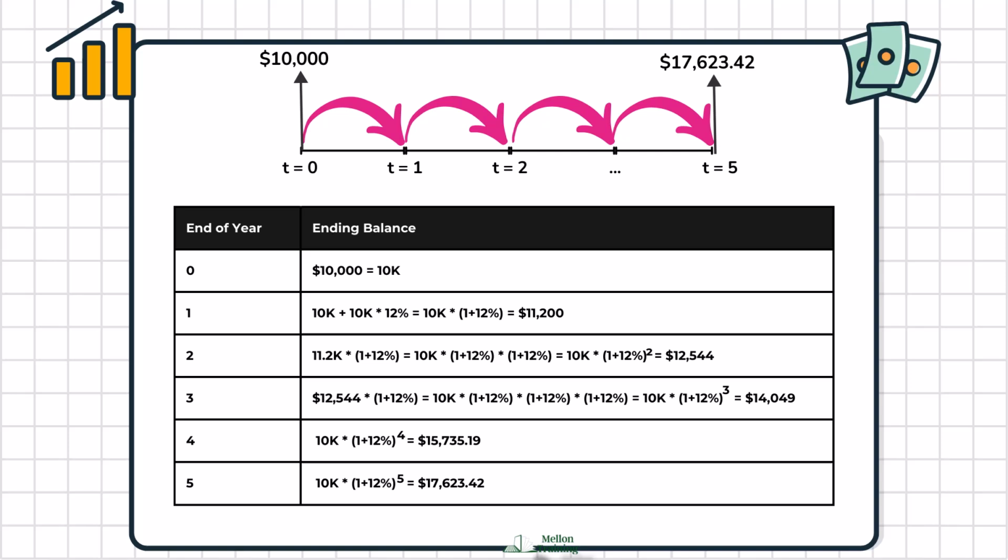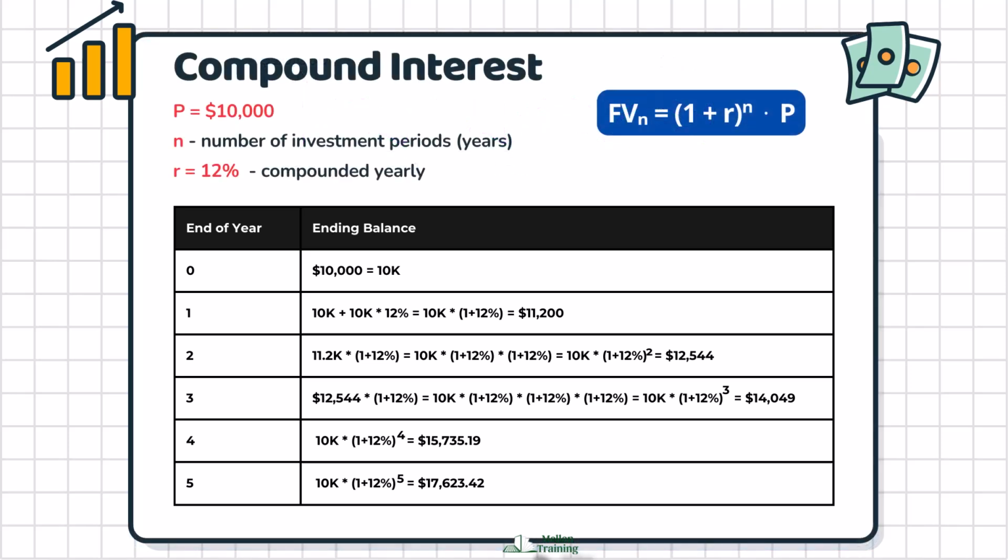And then here in this example, at the end of 5 years, we have $17,623.42 as our payoff. So the general formula for the future value, what we'll have in the account, is going to be given by 1 plus r to the nth, so however many periods we're compounding, times the principal amount. Let's do that in Excel.